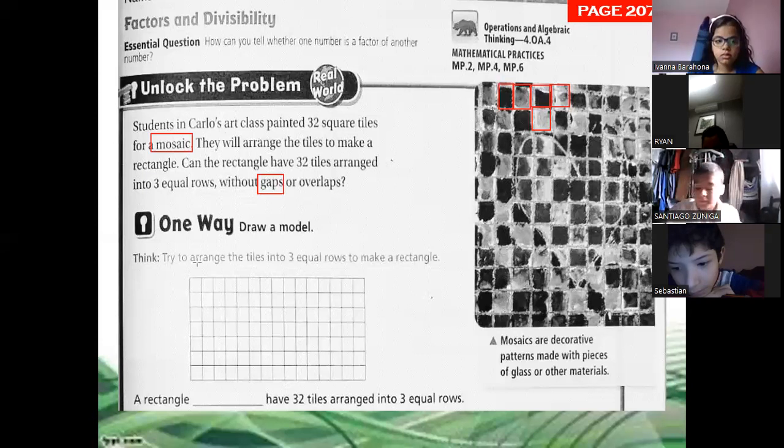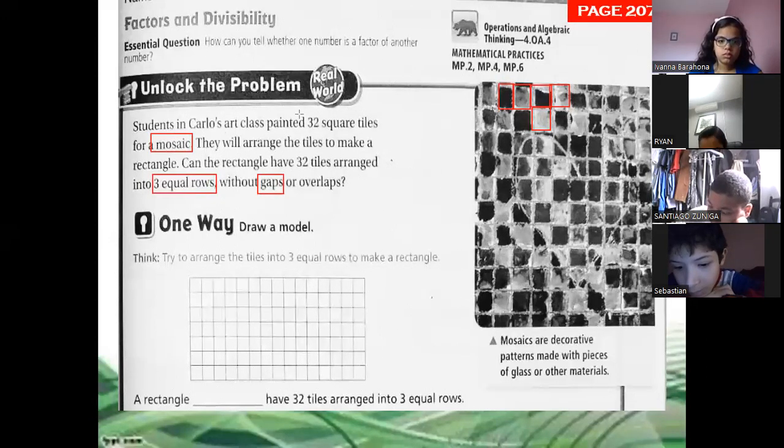Okay. Try to arrange the tiles into 3 equal rows to make a rectangle. At the beginning here says that we have to arrange the tile into 3 equal rows. Remember that the rows are like the lines in your notebooks. 1, 2, and 3.